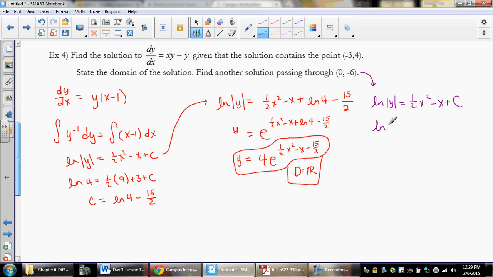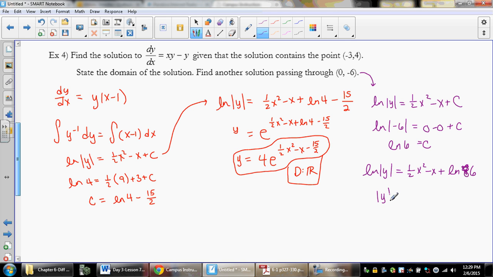So I'd have ln absolute value of negative 6 equals 0 minus 0 plus c, which makes c ln 6. So then I'd have ln absolute value of y equals 1 half x squared minus x plus ln 4. Nope, 6. I'm looking at the 4. 6. Then I'd solve for y.